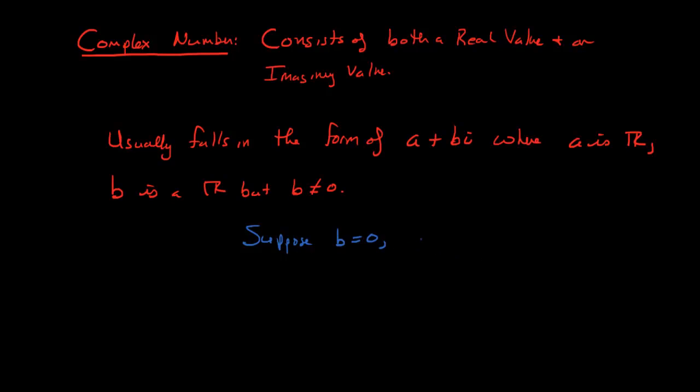We're going to have then a plus 0 times i, and 0 times i, regardless if it's imaginary or real, is going to give you a value of 0, so that just equals a. And this is just the real part. A complex number must have both a real and an imaginary part. So that's the reason why they have to say that b cannot be equal to 0.